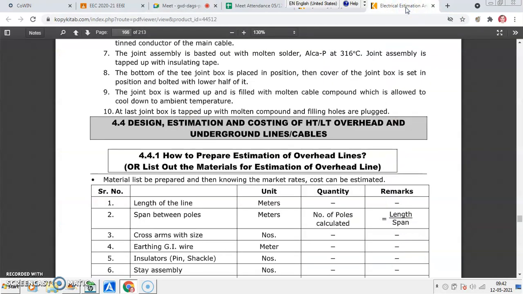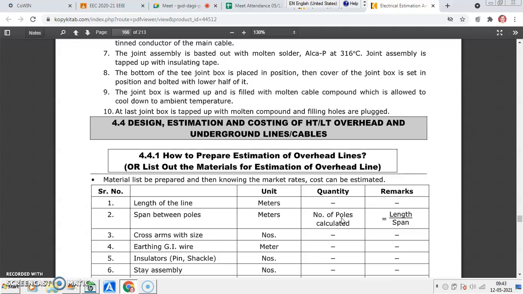With this basic background, we will move to the design, estimation and costing of HT and LT cables for overhead and underground systems of distribution. So how to prepare estimation for overhead lines, how to list out the materials for the overhead lines, how to prepare the list of materials for underground lines, how to find out the costing of the overhead line elements and of the underground line elements.